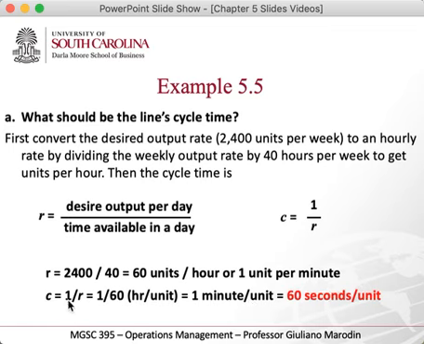And if you do 1 divided by 60 or 1 divided by 1, you're going to get 1 again. So it's the same as saying 1 minute per unit, or 60 seconds per unit. So every 60 seconds, I need to produce one of them in my process line. So I need to balance the workstations to be exactly 60 or a little bit faster than 60, so I can supply that demand.